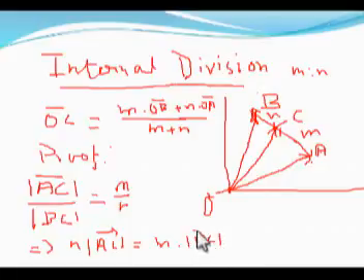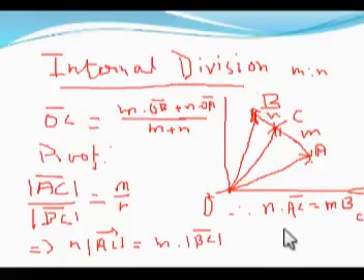One thing is noticed here: AC and BC have the same direction. So we can also write that n into AC vector is equal to m into CB vector. They have the same direction, that's why; otherwise you cannot write this.